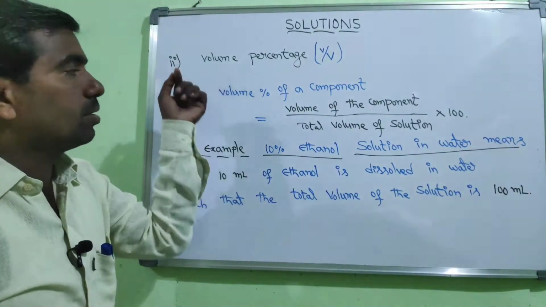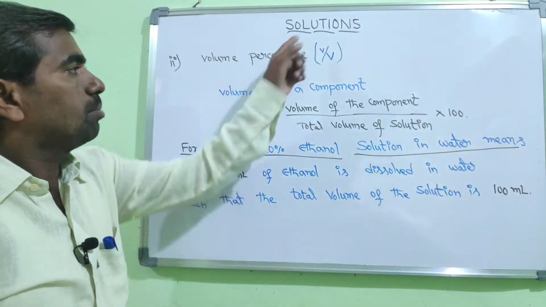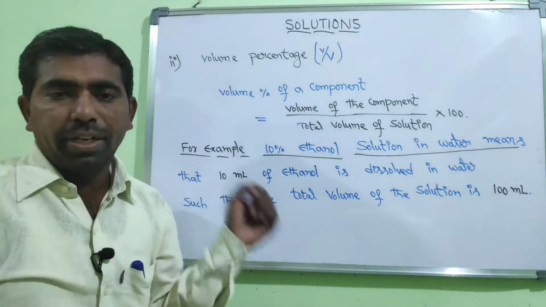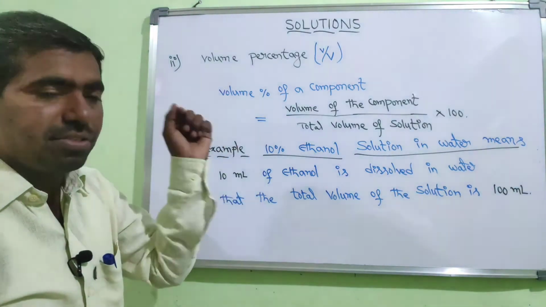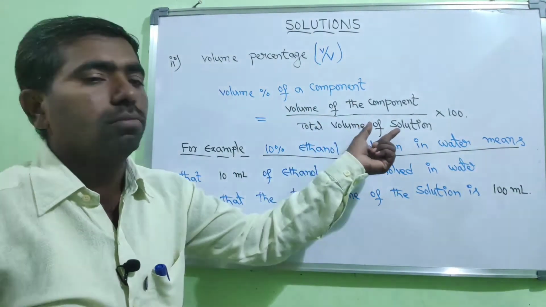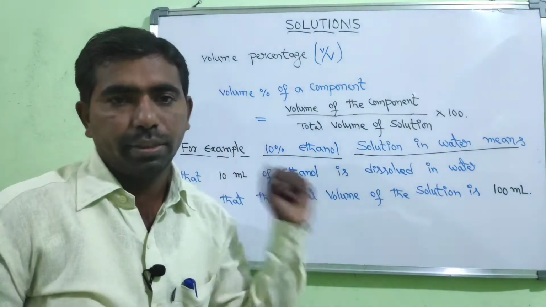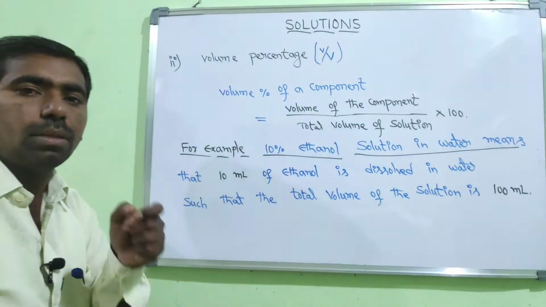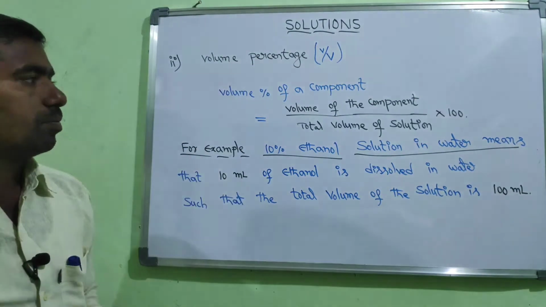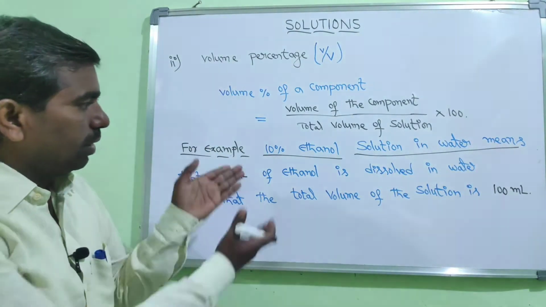Now the second one is volume percentage, small v by capital V. Volume percentage of a component is defined as the volume of the component divided by the total volume of the solution into 100. So that is the mathematical expression for volume percentage. I am giving one example, already written on the board.